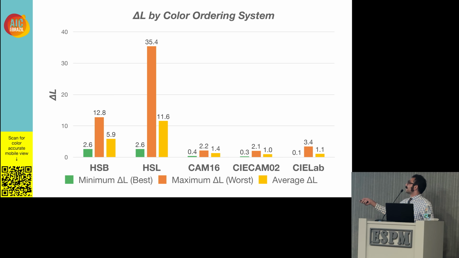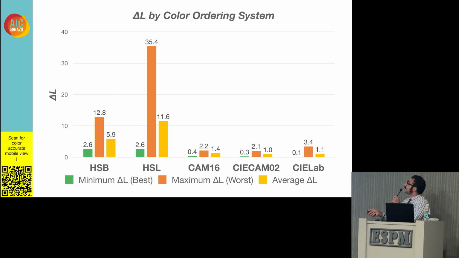HSB and HSL obviously do not make the cut. They horribly describe lightness, which is why you have something that Albers made to vibrate. HSL says they're 35 lightness units apart, and HSB says 12 lightness units apart.